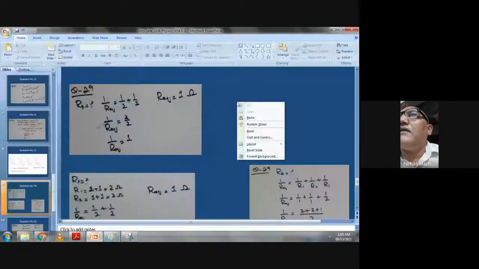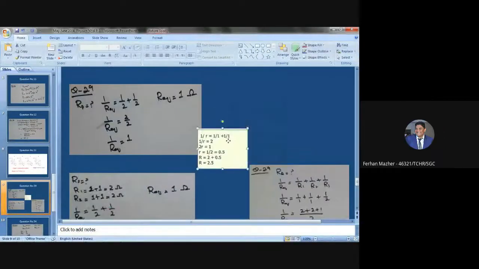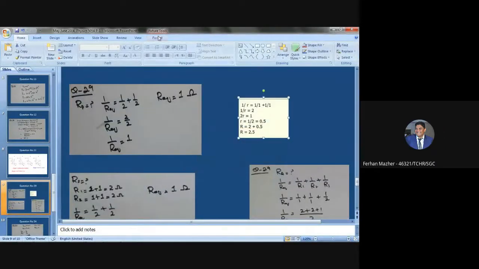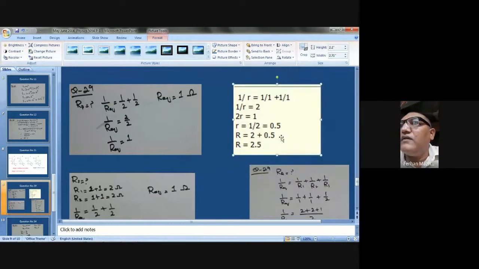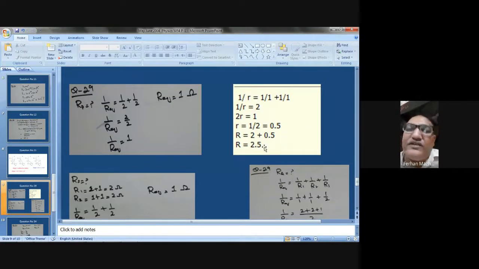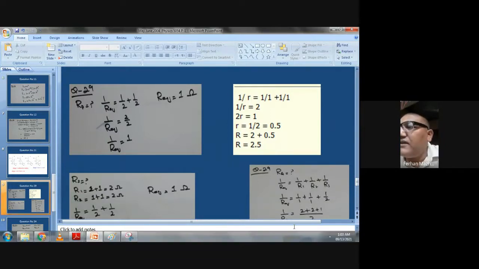Let's paste it here. Okay. So the total resistance will be 2.5 ohm. I hope you can understand.